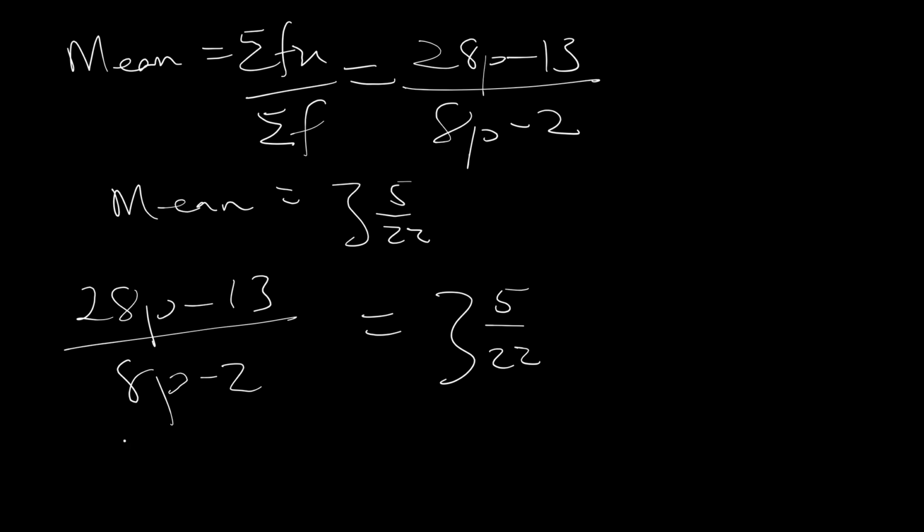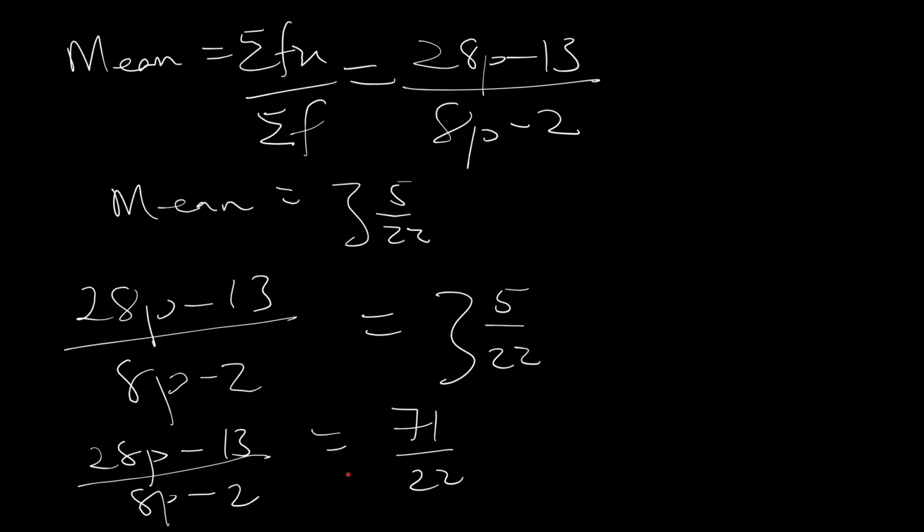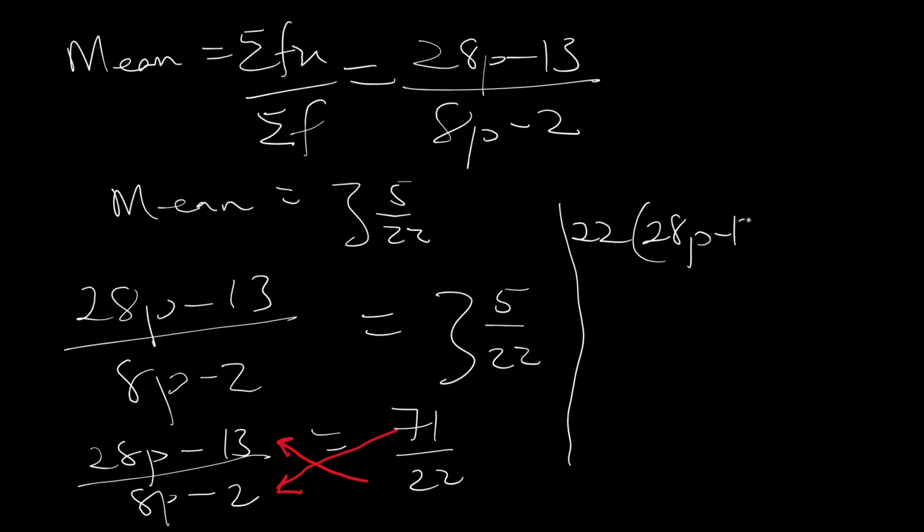Now this can be written as 28p minus 13 all over 8p minus 2 is equal to 71 over 22. Now when we cross multiply, we have 22 multiplying 28p minus 13 is equal to 71 multiplying 8p minus 2.